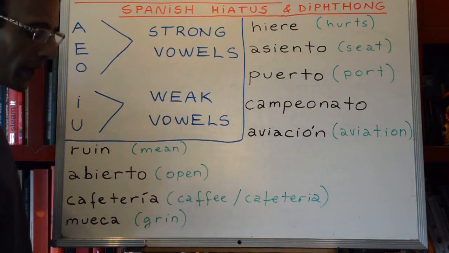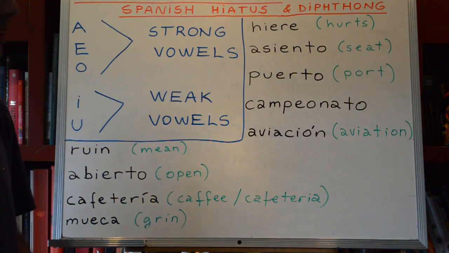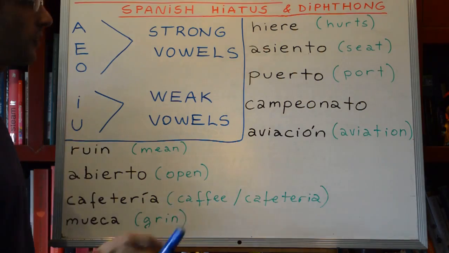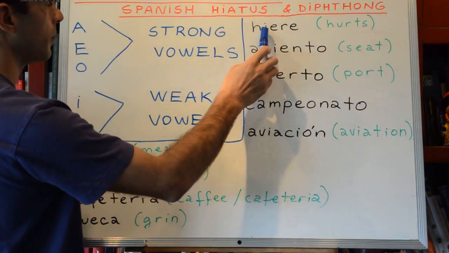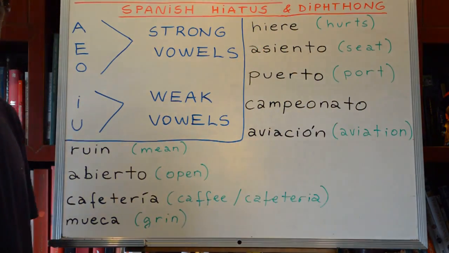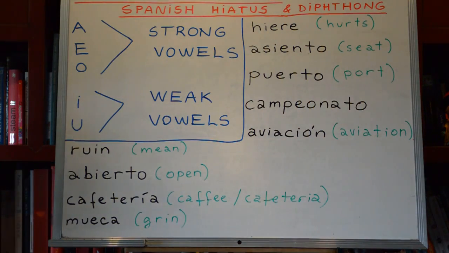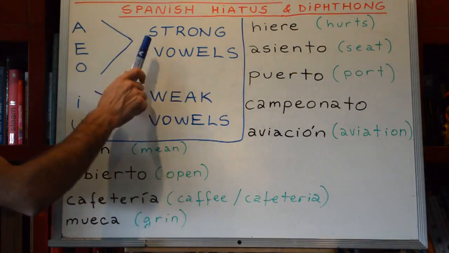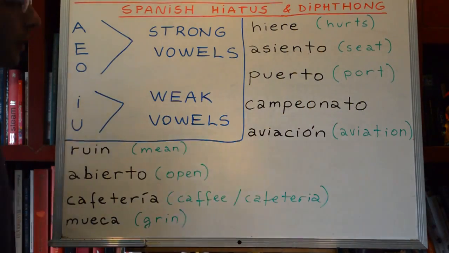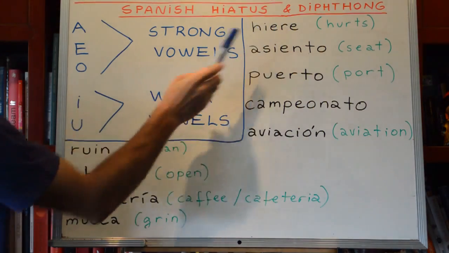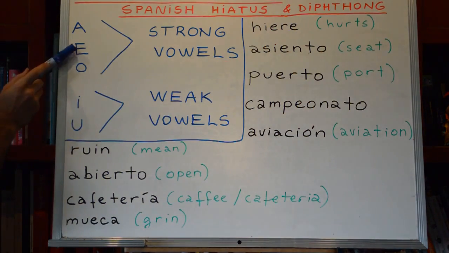Hiere, let's see, is it a hiatus or a diphthong? First of all, we need to find if we have two vowels together in the same word. Here we have I and E together. Once we find them, we have to see if we have strong and weak vowels. I is a weak vowel and E is a strong vowel.